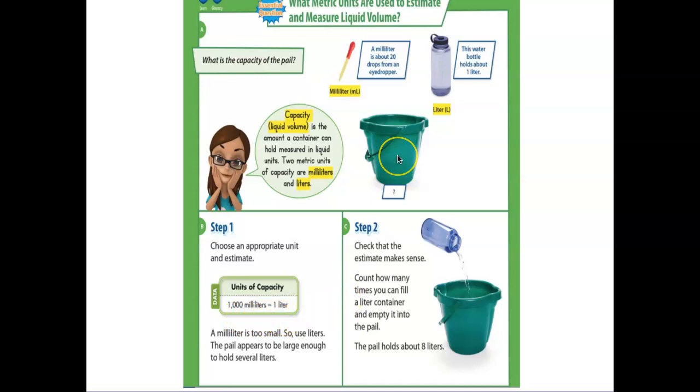So this pail, if I were to fill this container, the liter container, to the top each time and pour into this pail some water, it would take about 8 liters to fill this pail, so about 8 bottles of water. And that would be 8 liters would equal 8,000 milliliters. That would be a lot of drops. That would take us a lot of time, right?